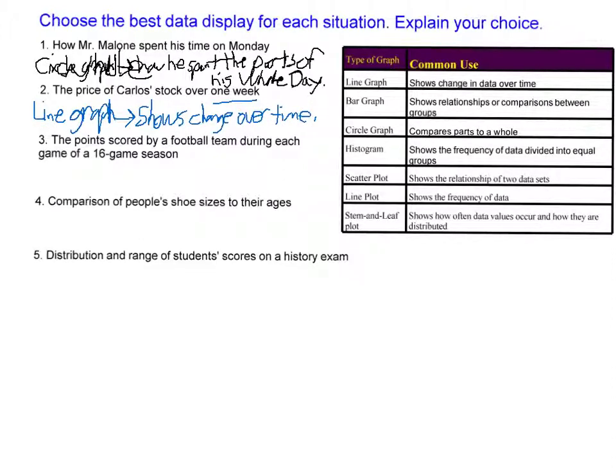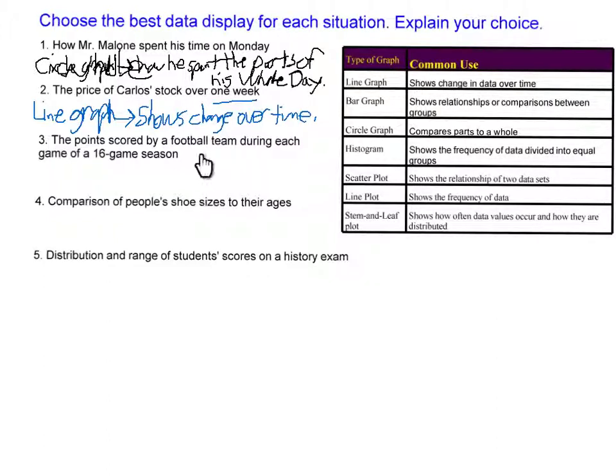All right, number 3, the points scored by a football team during each game of a 16-game season. So I'm thinking about this one. I know it's over time, so you could go a line graph, but really, I look here at line plot or stem and leaf plot, because a line plot's going to show the frequency of data, so how frequent did they score, but then stem and leaf too shows how often the values occur and how they are distributed.